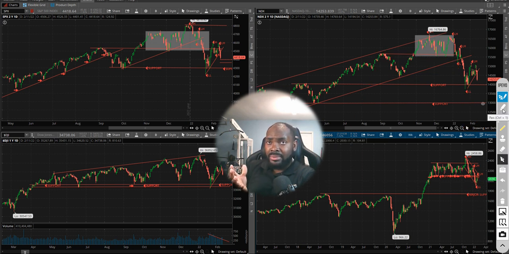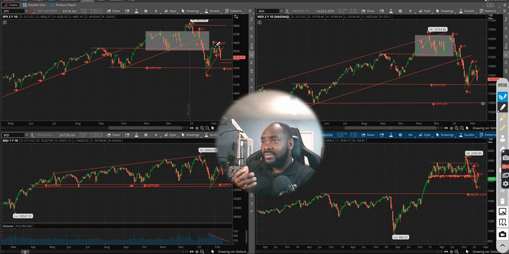Because, for example, with SPX, everybody thought we're going higher here, but what about your moving averages? Did you see that price action was not able to break back above its 200 SMA, in this case right here on the daily chart? If you were paying attention to that, then you would have been on the lookout when we got here, that hey, there's a probability that the market can roll over.